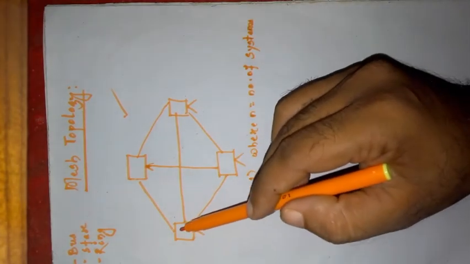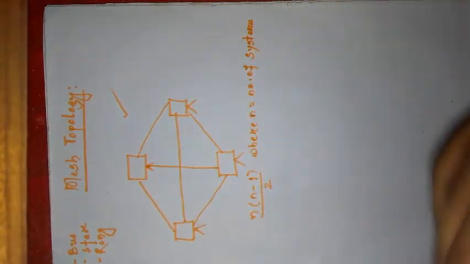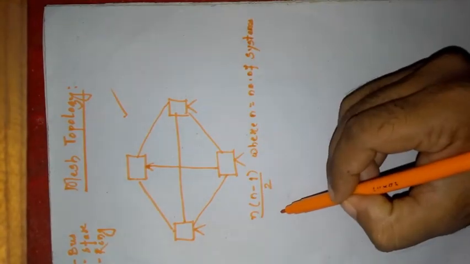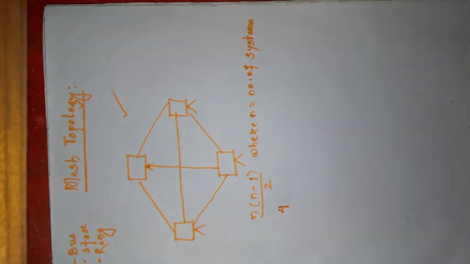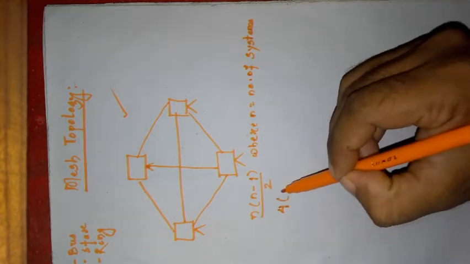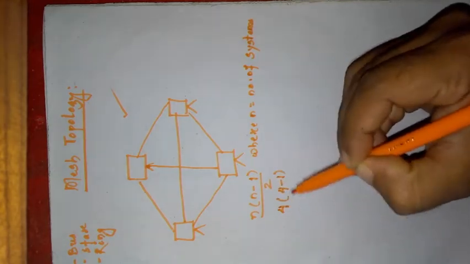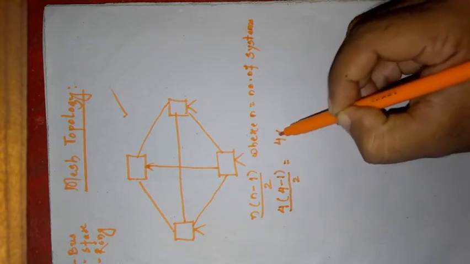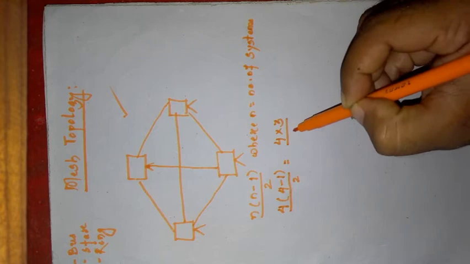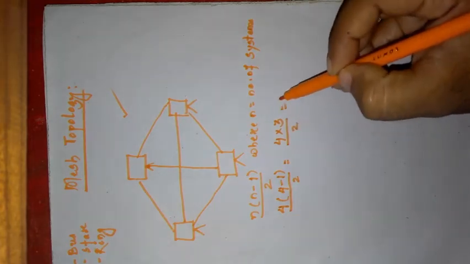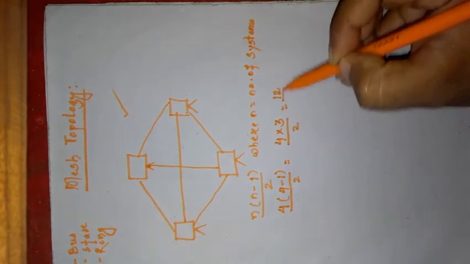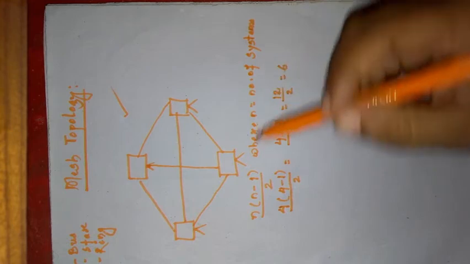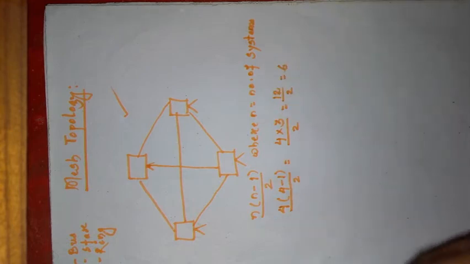So here there are 4 systems. 4 into 4 minus 1 divided by 2 is equal to 4 into 3 divided by 2, equal to 12 by 2, which is 6. So there are 6 cables.